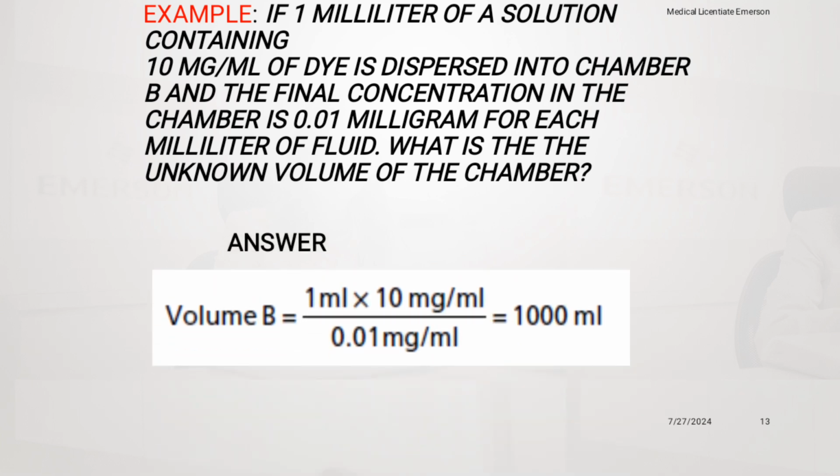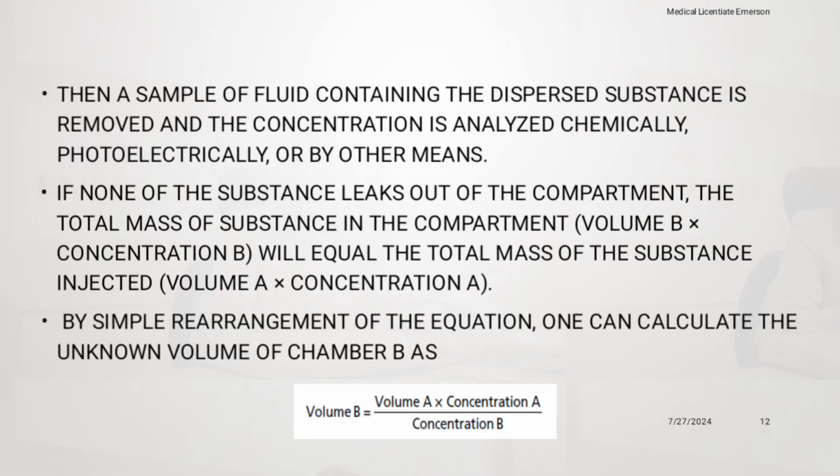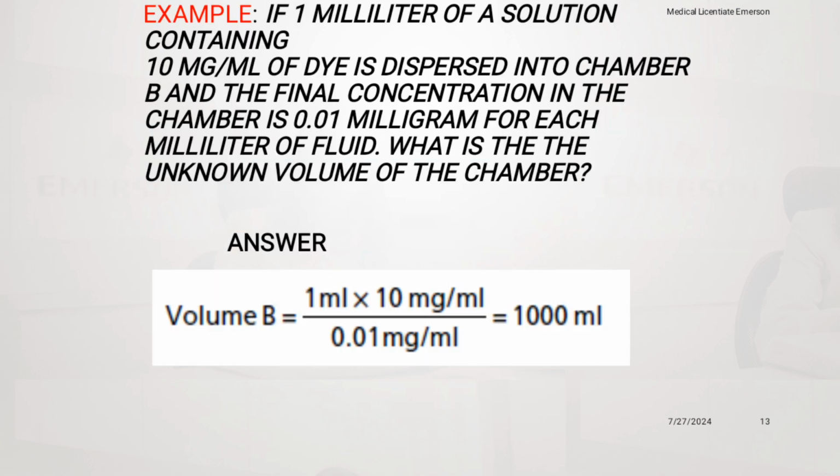Okay, so the answer is from the formula we learnt for calculating volume B. Volume B equals volume A multiplied by concentration A, divided by concentration B. After we substitute, we have 1 ml, which is the volume A, then the concentration of A is 10 milligrams per ml, divided by the concentration of B, 0.01 milligrams per ml.